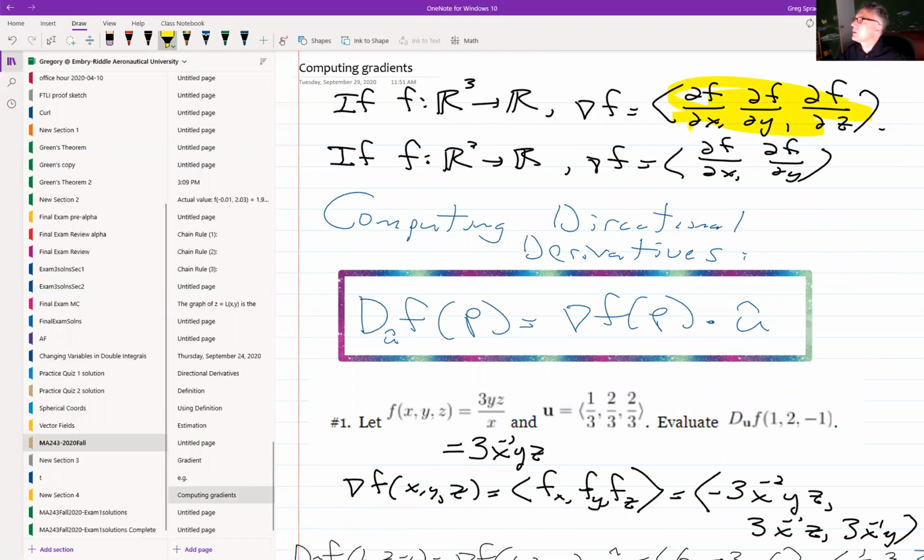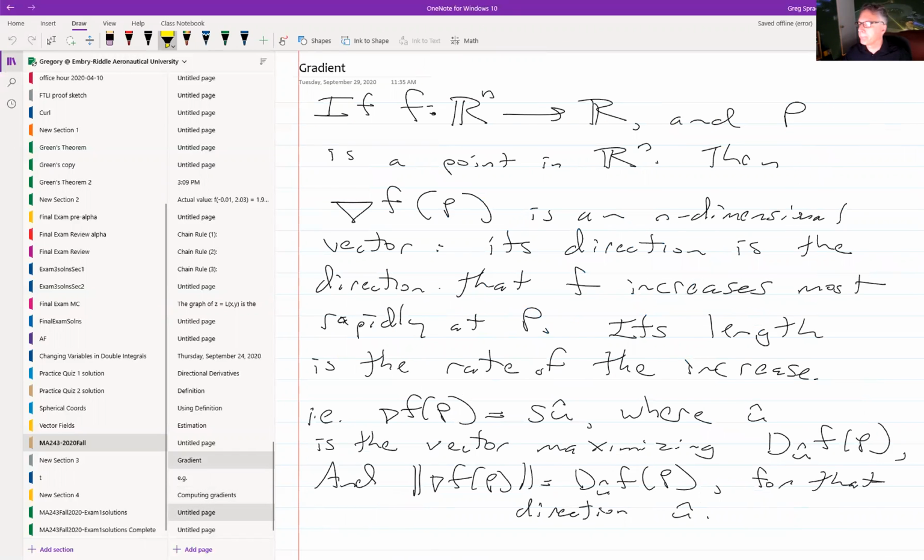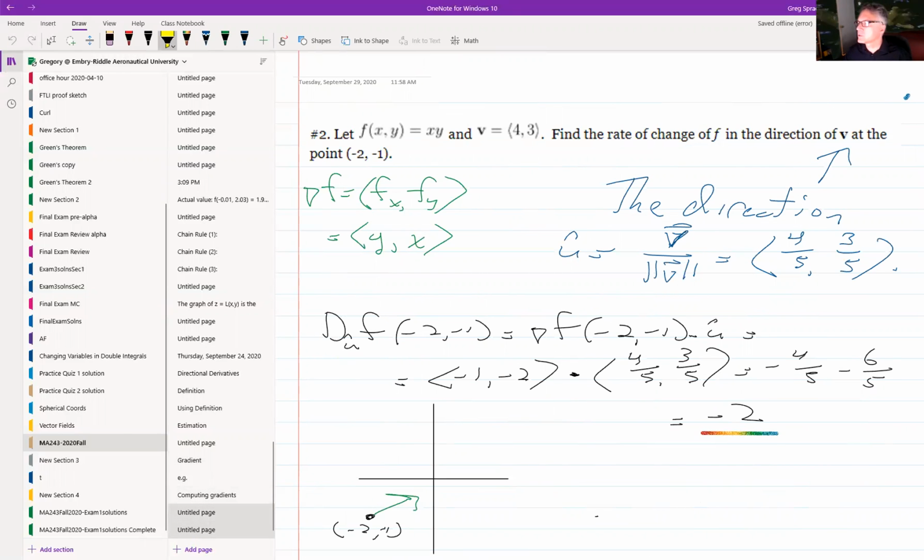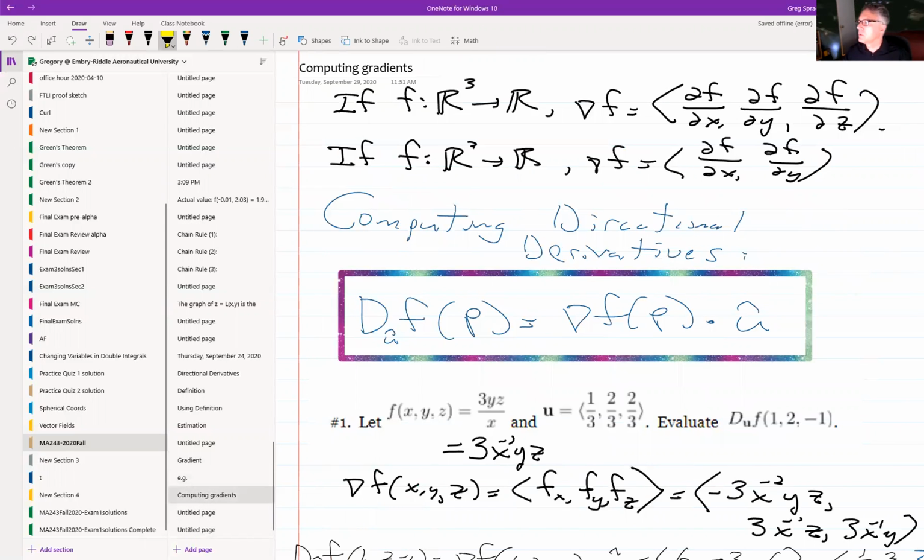So that's how you compute the gradient. And I also showed you how to compute directional derivatives using the gradient. And I didn't justify that. I'm going to justify that today.